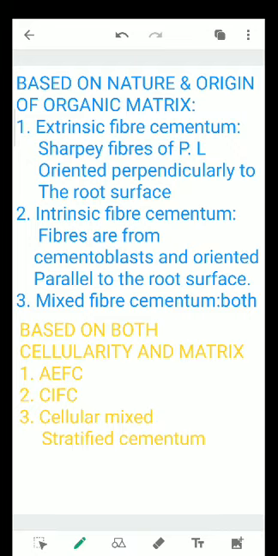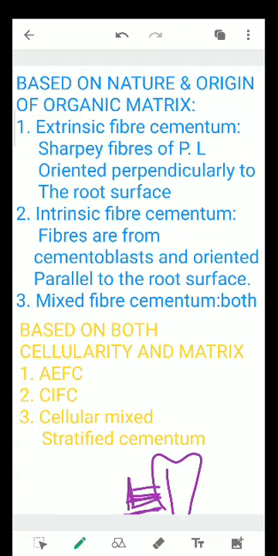These fibers are oriented perpendicular to the root surface, right? So look at my diagram below here, just a small diagram. Remember that the periodontal ligament is somewhere here, so that means the fibers are going this way, perpendicular to the root surface.